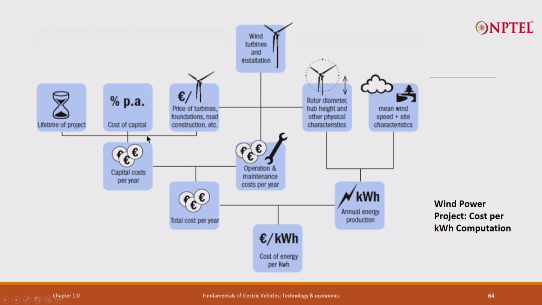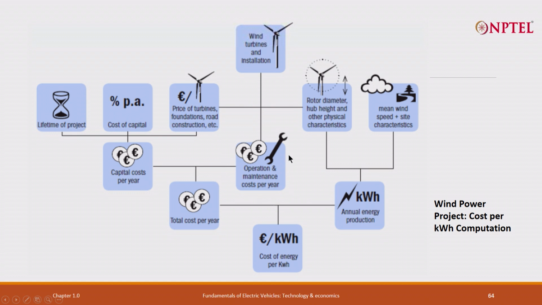So, this is the capital cost that comes in. From here you can calculate the capital cost. Of course, to do this you have to take into account rotor diameter, hub height, mean wind height to compute the kilowatt. So, this is how you start, find out the costs.